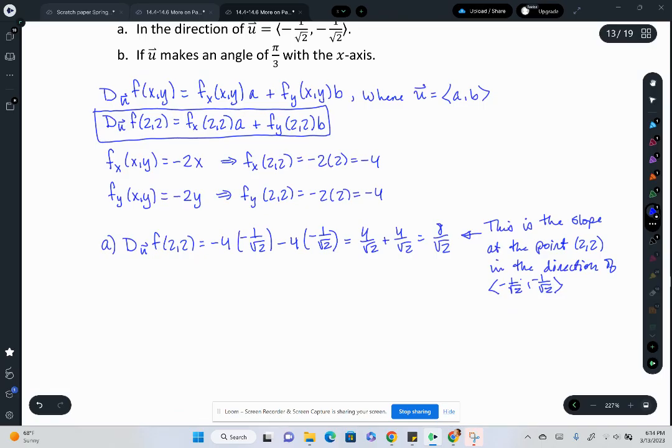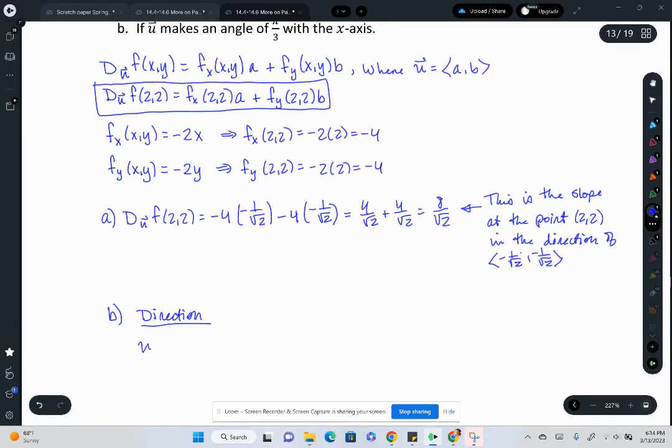Part B, we're still calculating a directional derivative, but now it's just a different unit vector. That's the only difference here. They're telling us that u makes an angle of pi thirds with the x-axis, so I need to get my direction.